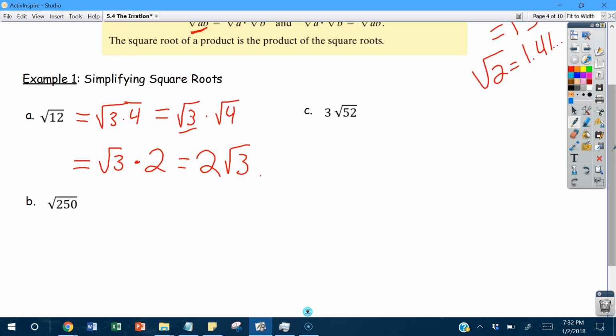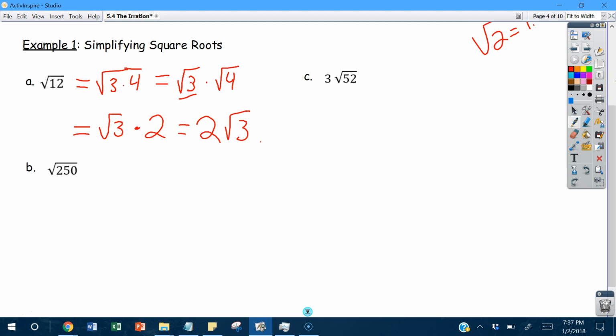So let's see if we can do that again. With B, I have the square root of 250, which is not a perfect square. So I want to do what I did in A and see if I can break up 250 into 2 factors, and then maybe break those up a little bit more. What happened with 12 was I split it up into 3 times 4, and 4 was a perfect square.